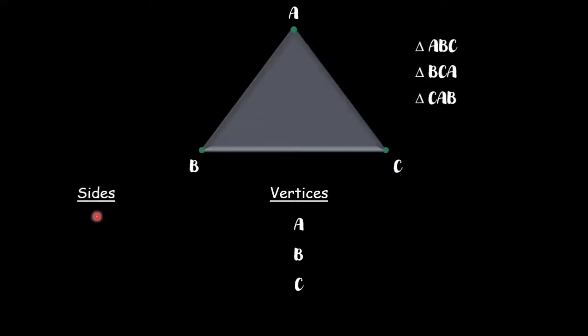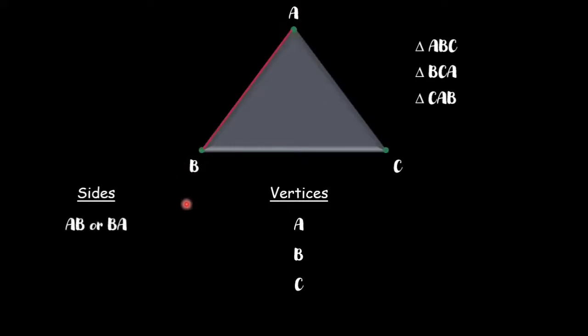So let's see which are the sides of a triangle. Here AB or BA is one of the sides of a triangle, formed by vertex A and vertex B.